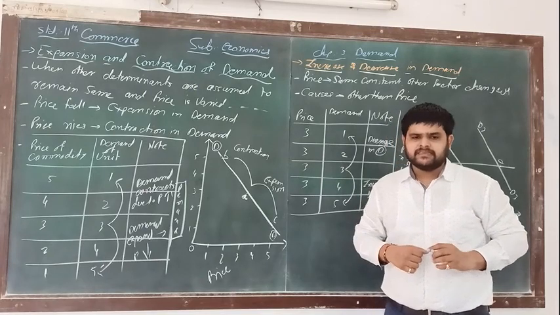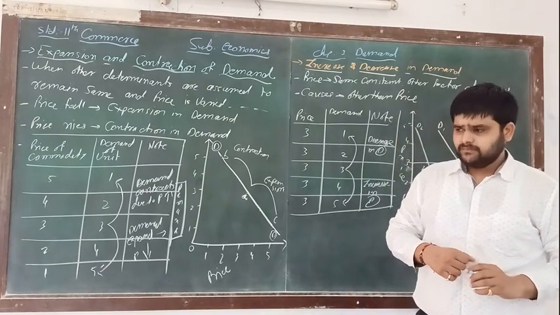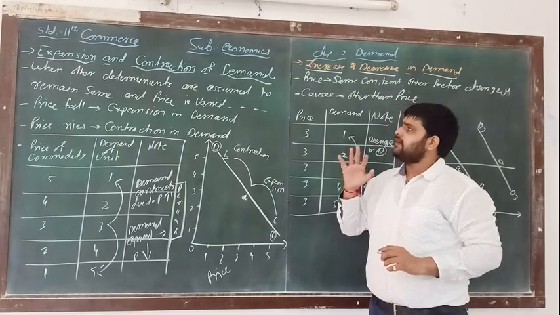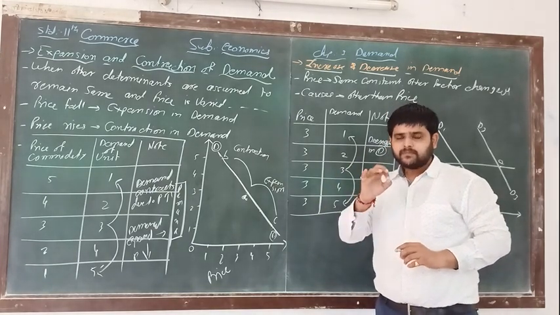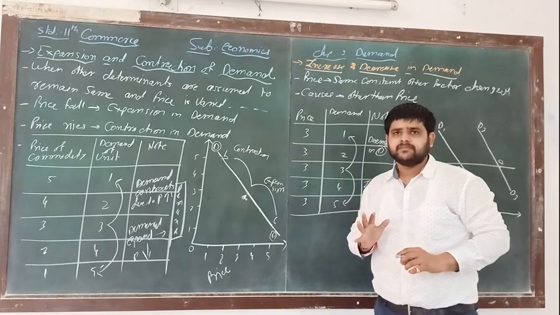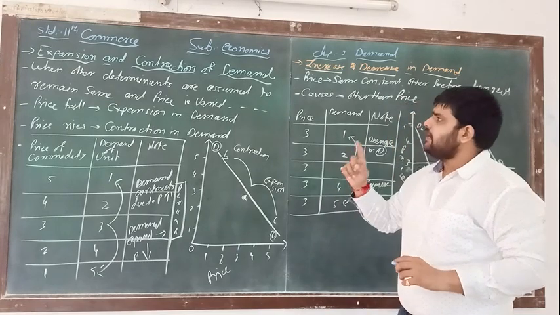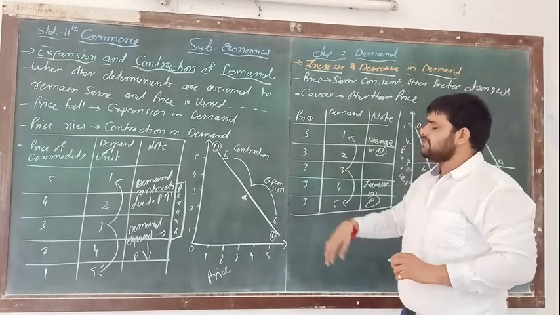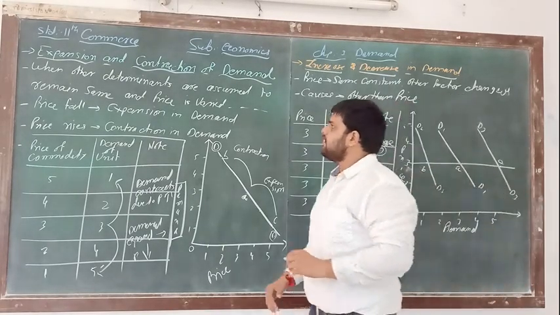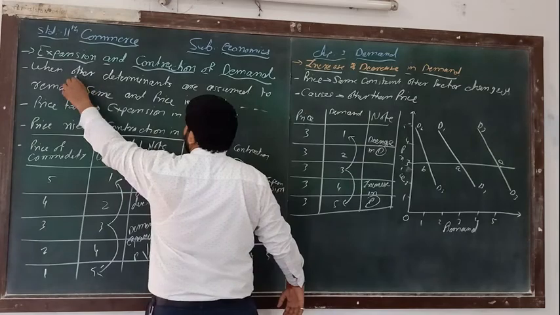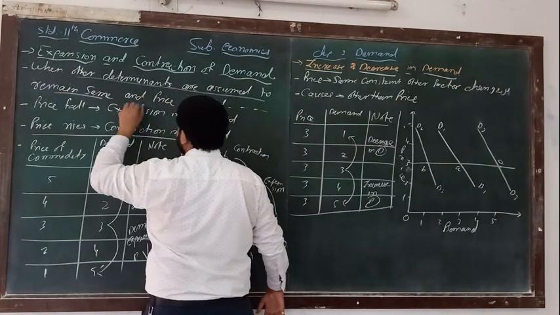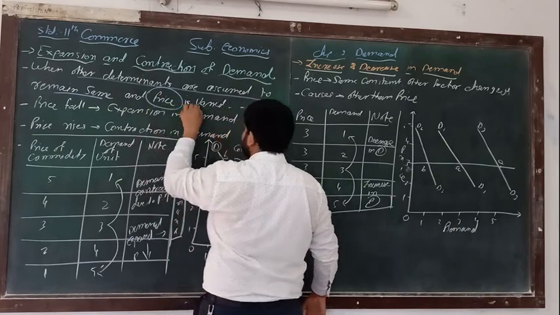These things we discussed earlier. Right now, in expansion and contraction of demand, the same thing is there. So what is expansion and contraction of demand? We started from this point and then we discuss increase and decrease. Expansion and contraction is when other determinants are assumed to be constant, remain the same, and price is varied.